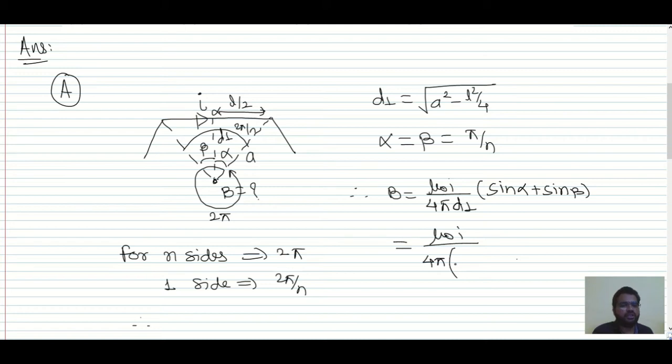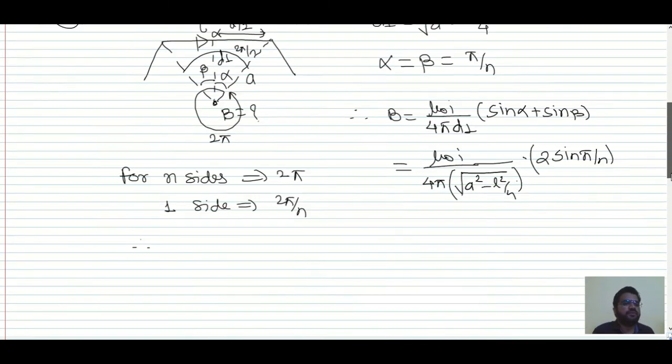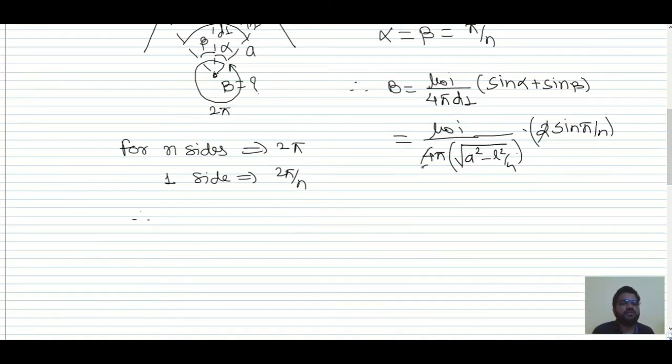It is root of A squared minus L squared by 4 into what is sine alpha and what is sine beta? It is 2 sine pi by n we have. Okay, now this 2 and this 2 will get cancelled and we'll have mu naught I sine pi by n divided by 2 pi root of A squared minus L squared by 4.